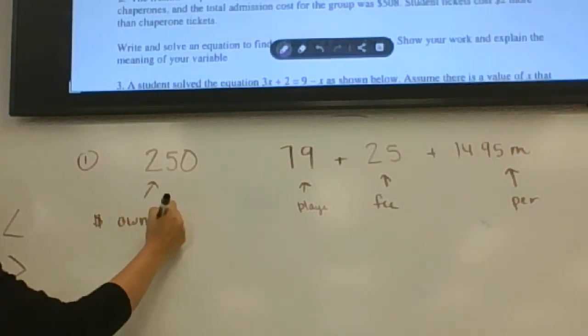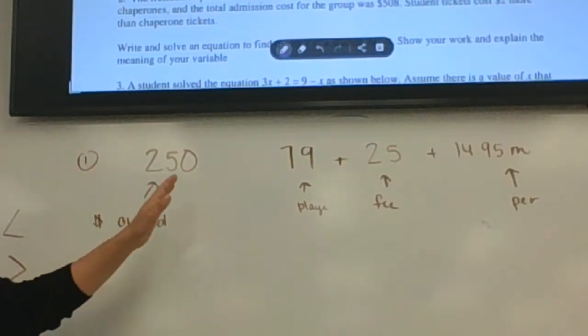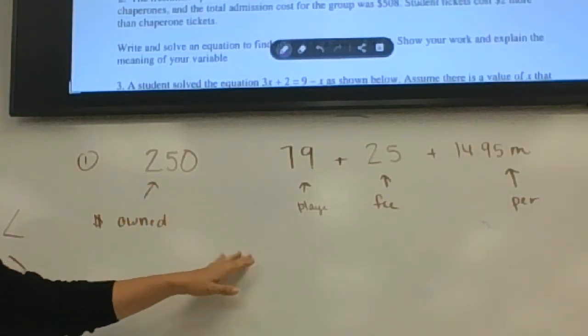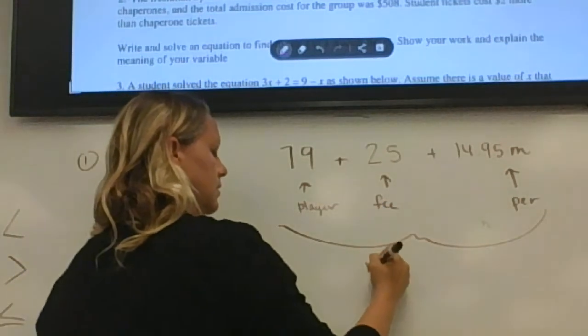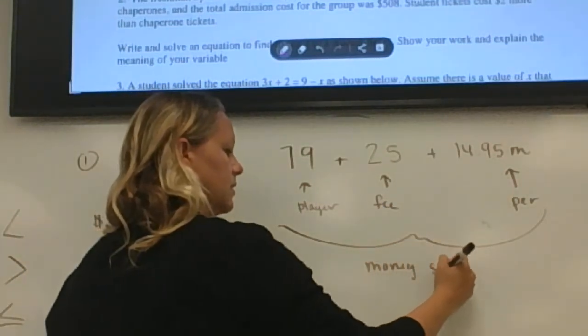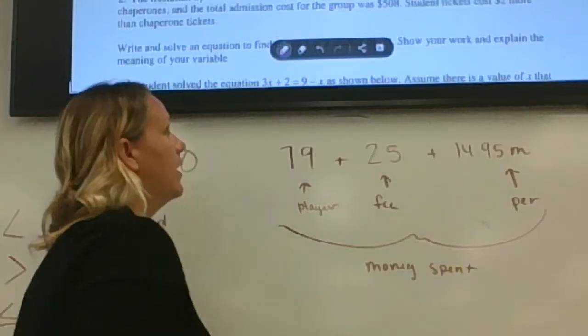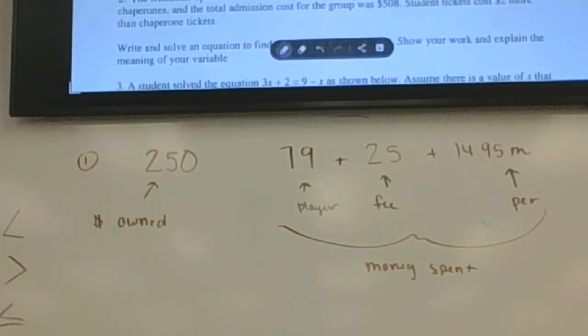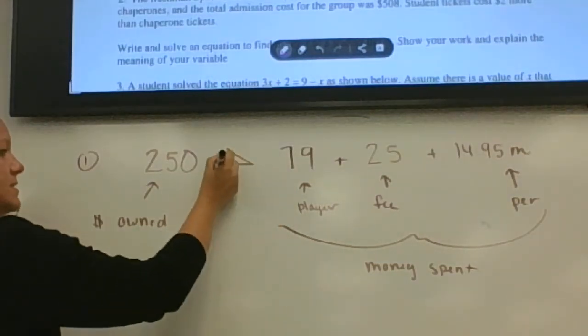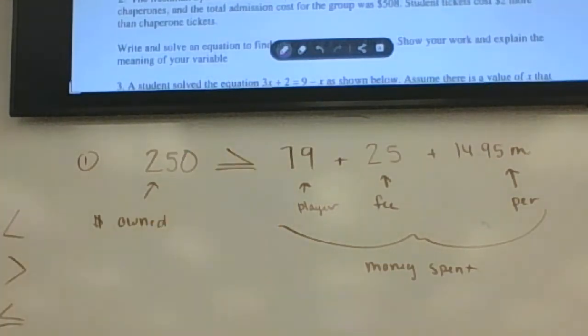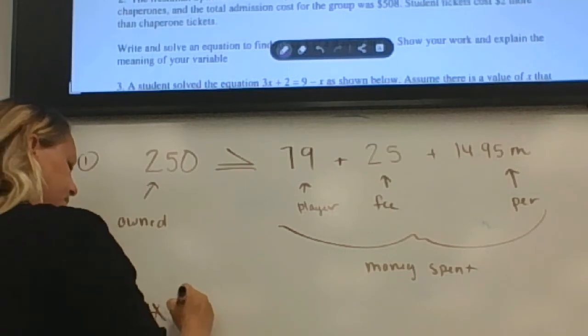This is the money we own. You can't spend more money than you own, without a credit card. He just says it's $250. So the money you spend has to be less than or equal to the money you have.